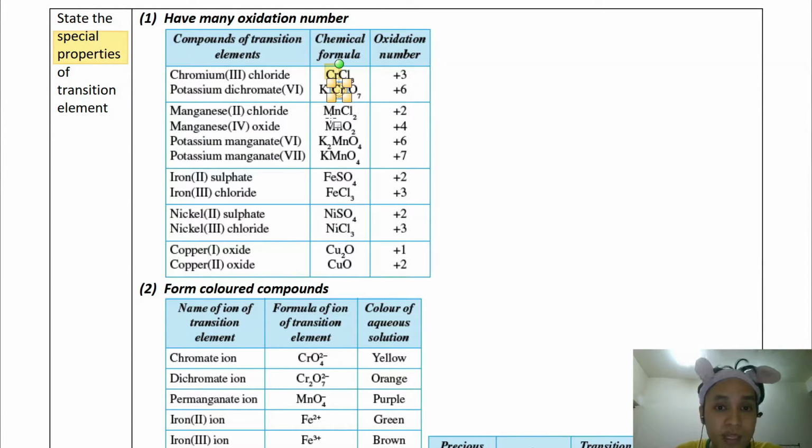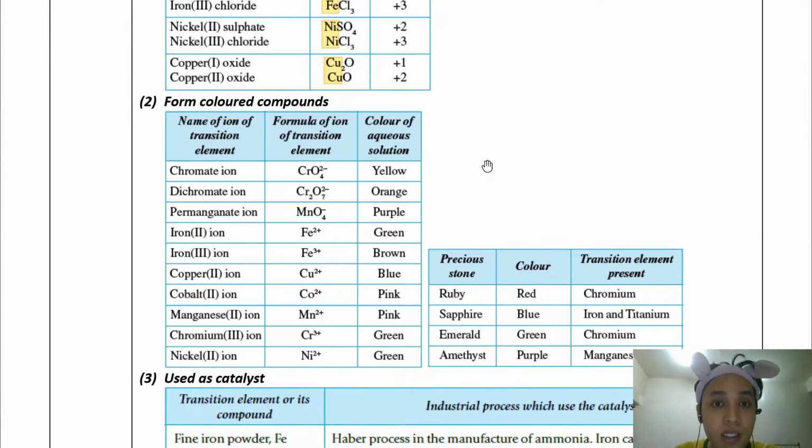For manganese, you can have 4 different charges or 4 different oxidation states. This one is for iron, this one is for nickel, this is for copper. As you can see here, iron you can have 2 different oxidation states, copper you can have 2, manganese you have a lot, you can have 2 plus, 4 plus, 6 plus, and even 7 plus. So this is what we mean by many different oxidation numbers.